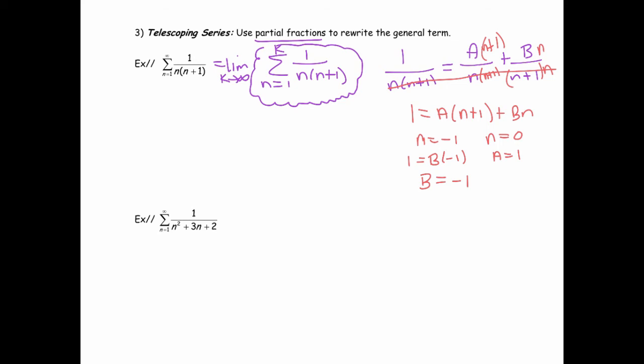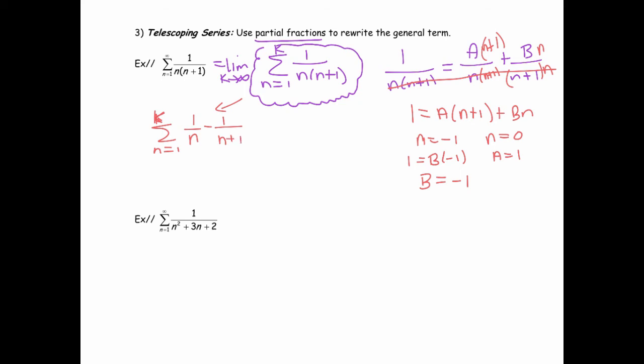So that tells me I can rewrite, I'm just going to isolate the finite series there. So that can be written as a over n, but a is 1, so 1 over n, plus b over n plus 1, which is negative 1, so negative 1 over n plus 1.